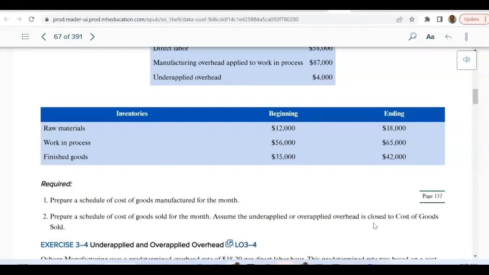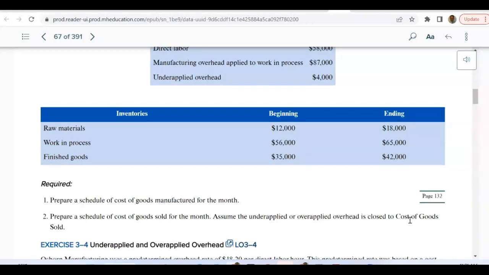Under-applied and over-applied overhead, normally we close them in the cost of goods sold, unless they are a material number. If there is too much and it's a material number, then normally you close proportionally based on weight, a little bit in the cost of goods sold, a little bit in the work in process, and a little bit into finished goods.